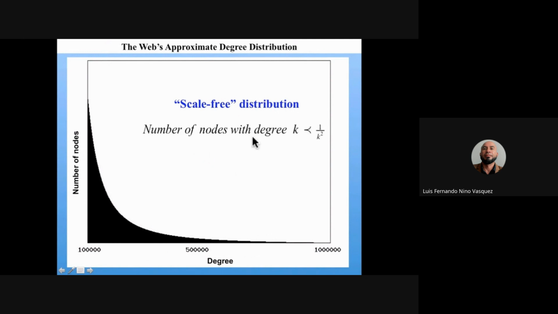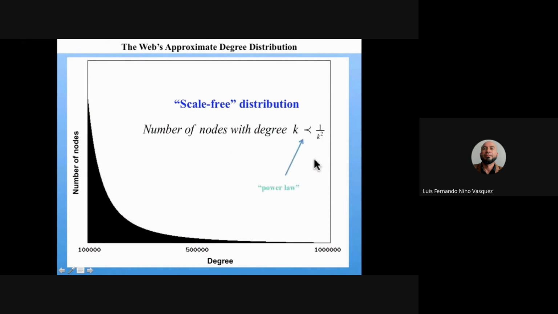Here's the approximate degree distribution of the web. This is empirically what's been reported, that the number of nodes with degree k is proportional to 1 over k squared. This kind of mathematical expression is called a power law because it involves a variable raised to some power.